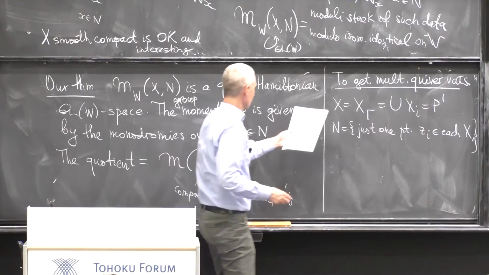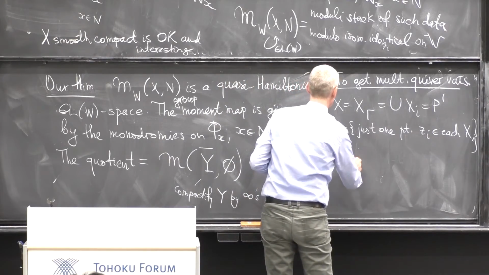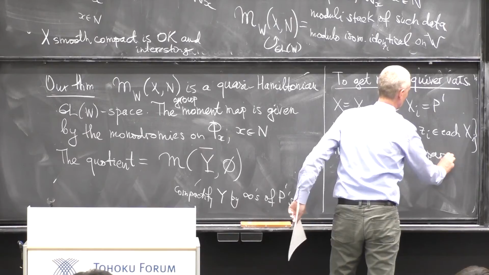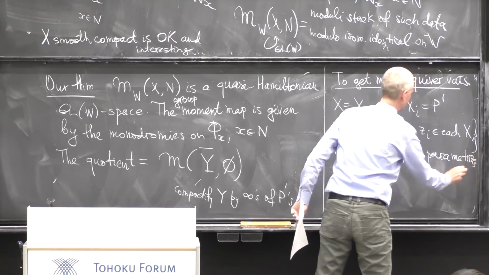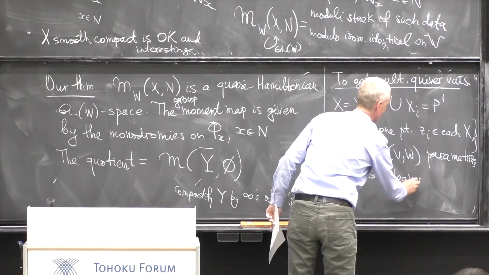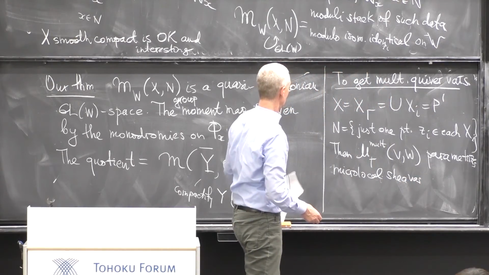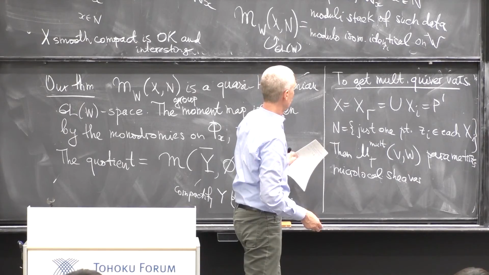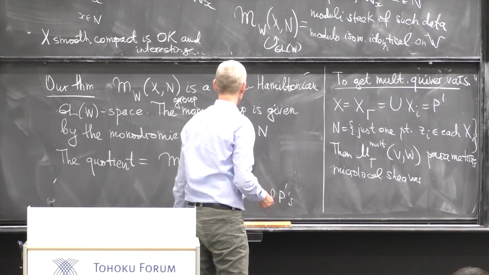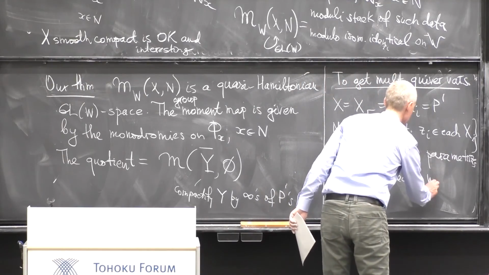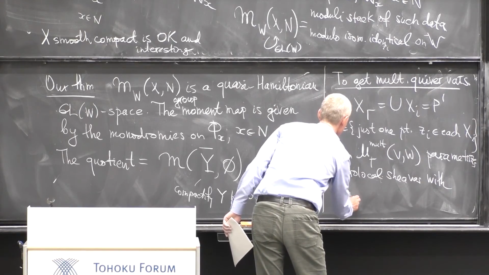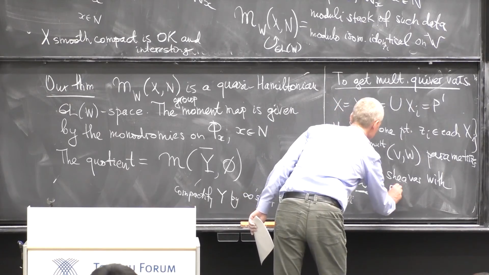But if you just do this, then we can say that M_gamma parameterizes these objects.